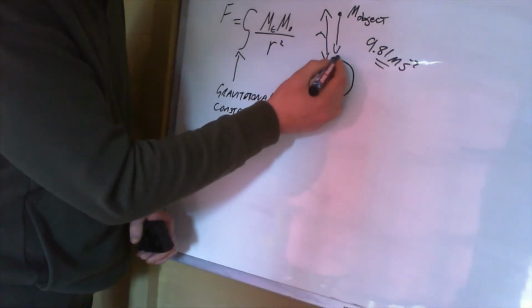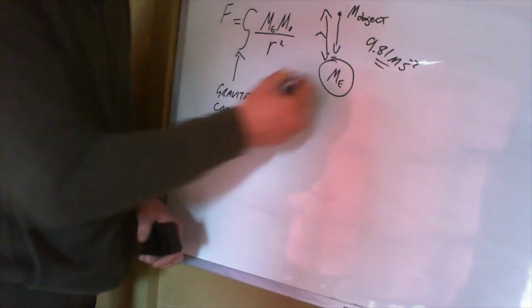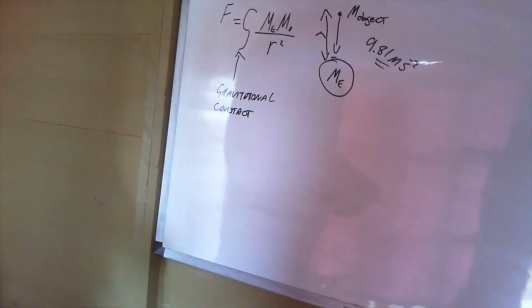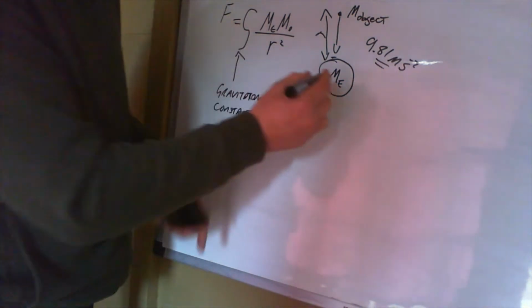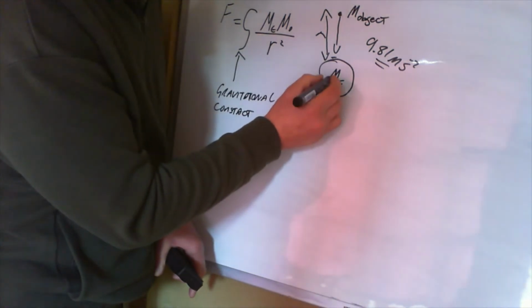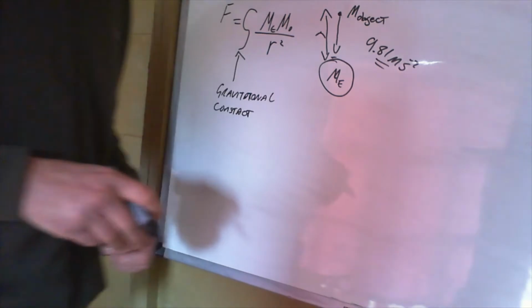But that only occurs really where we are, floating about on the surface. It basically depends on how far you are away from the centre of the Earth, which determines the rate of acceleration.